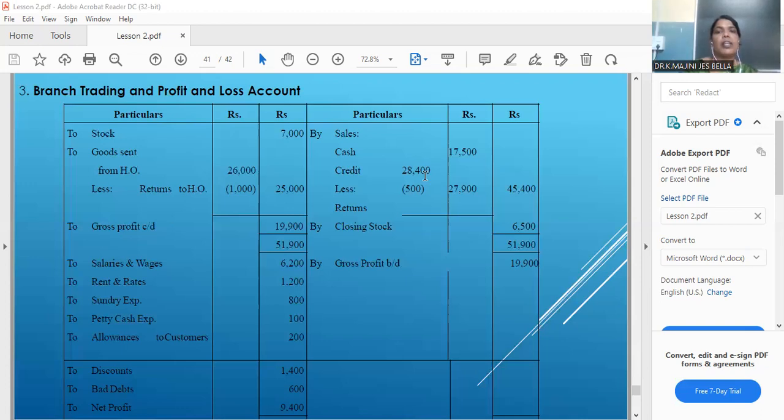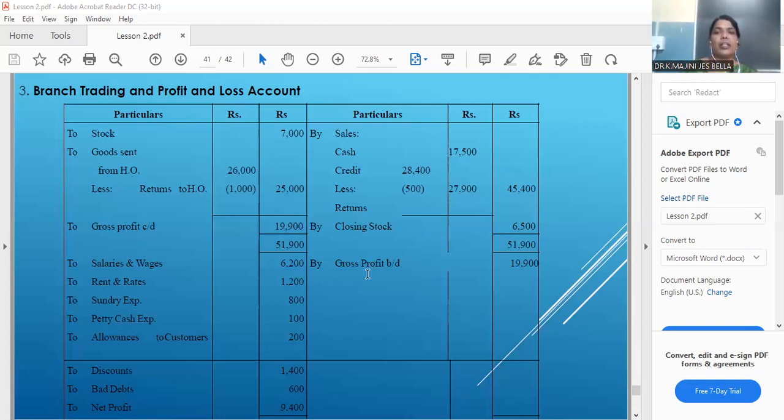Sales: cash sales is 7,500, then credit sales 28,400. I have given, right? 28,400 credit sales, less return 500. Total, just subtract it, 28,400 minus 500, 27,900. You should write it in the inner column.